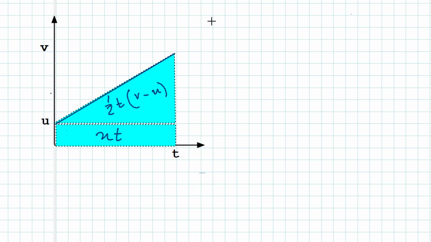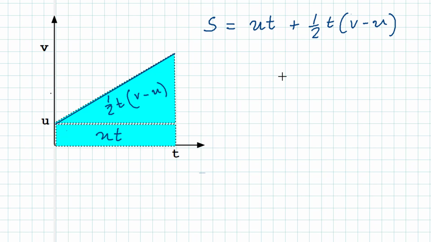So the total displacement according to the area method will be equal to the rectangular part ut plus 1/2 t into v minus u. That doesn't really look very good, though it's very close to that previous equation. It'd be really good if we could exchange the v minus u part and see what we would get.